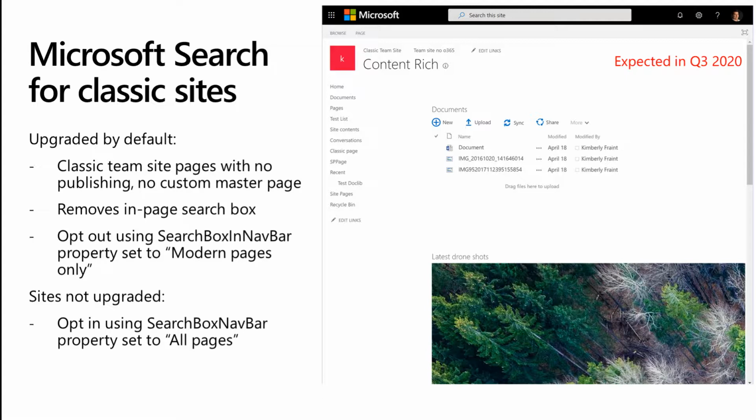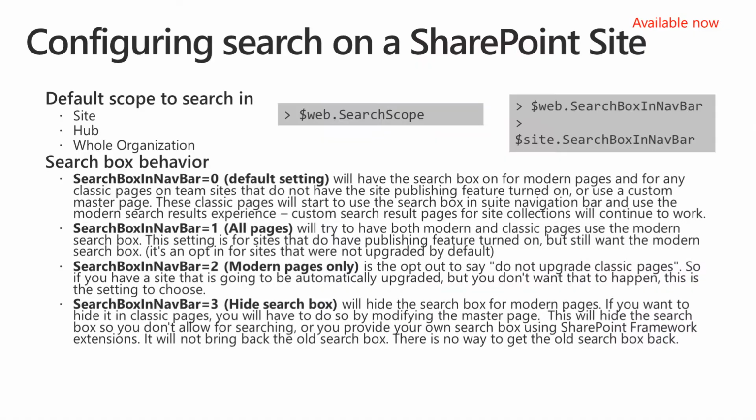In those cases, everything will continue to work, but you'll be able to opt in if you still want the Microsoft Search experience there, using our search box in navbar setting. So how would that work? Let me quickly go over that, and then I'll try to take any questions if we get time, or I can follow up with questions later.